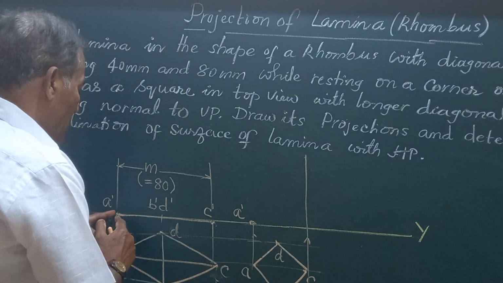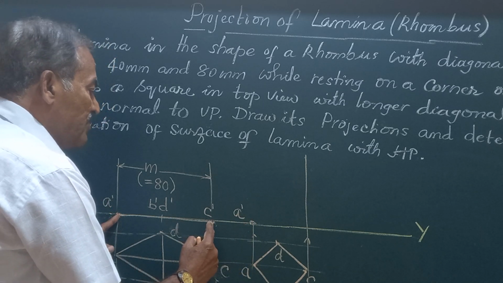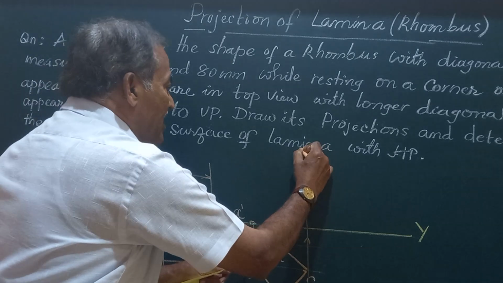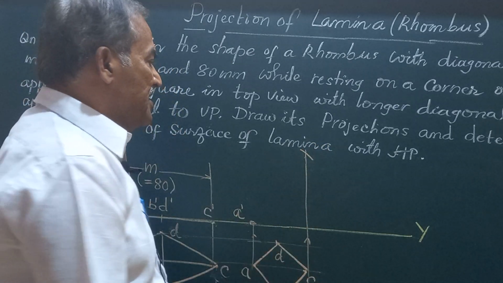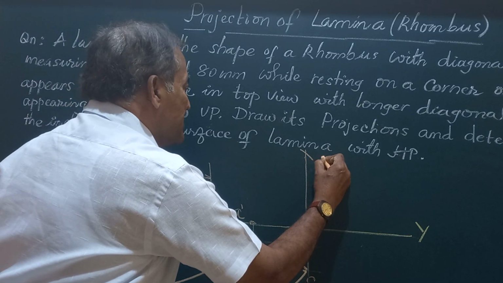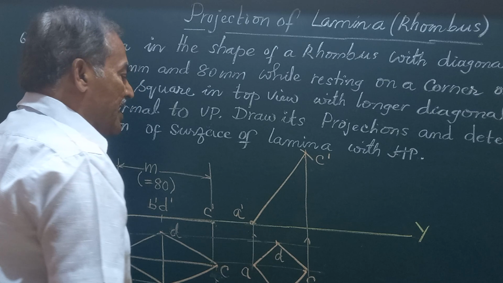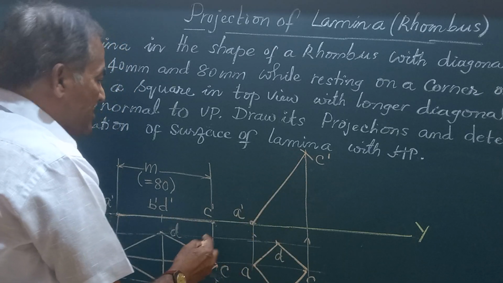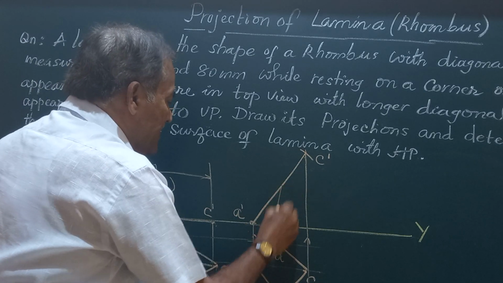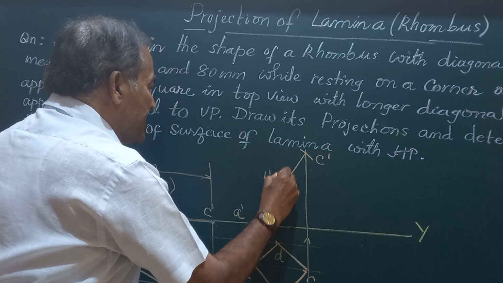What I do, I take A dash as center and the length, which is equal to 80 millimeter, and strike an arc so as to meet the vertical line drawn through C at point C dash. So I am going to join A dash and C dash, and this line will represent, along with B and D, which is exactly in the center, B dash D dash.